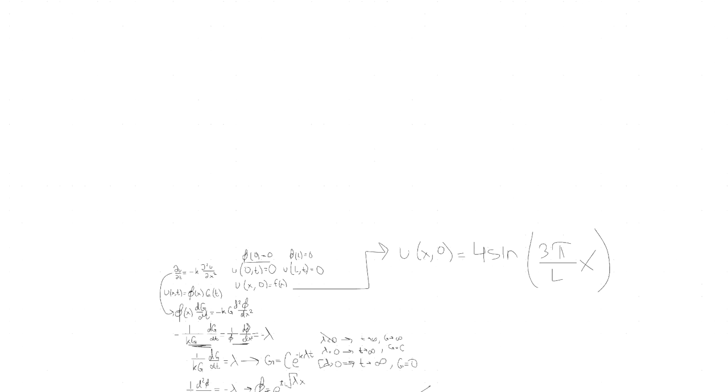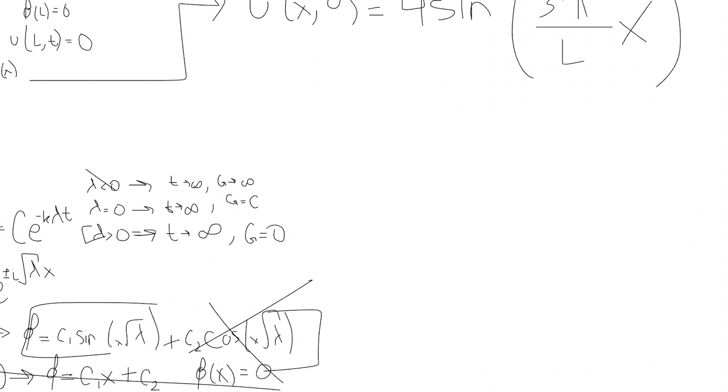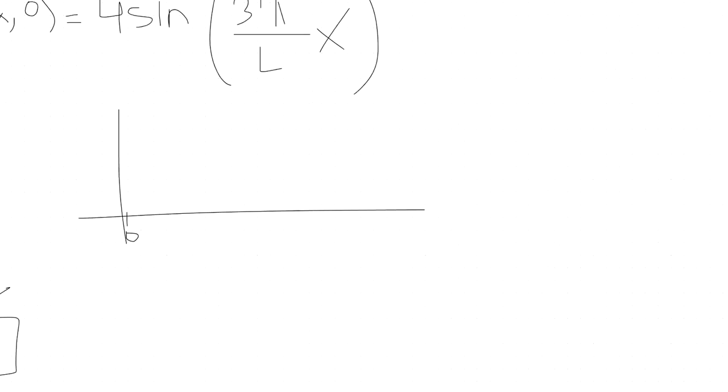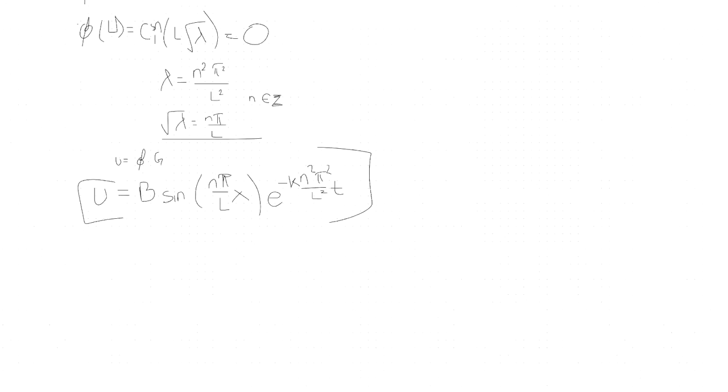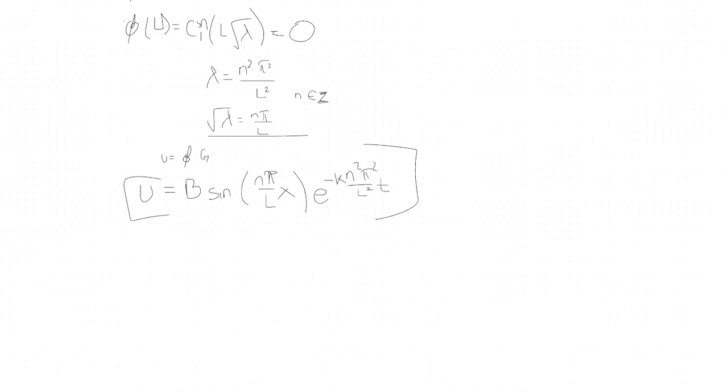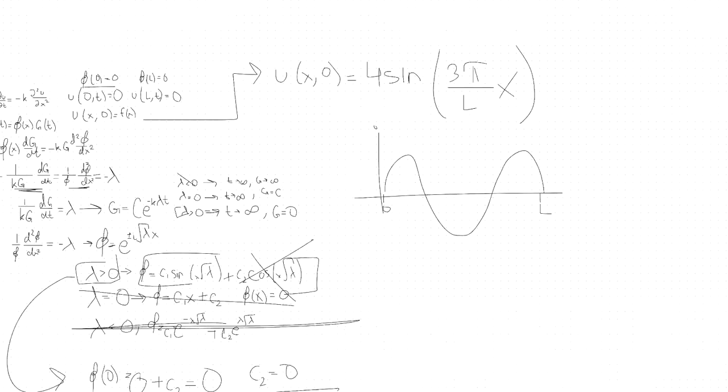Which would mean that the temperature from 0 to L of the rod looks something like this. Well, then what we can do is plug 0 into here so that this becomes 1, and u at 0 has to equal b sine n pi over L x, which means b would equal 4 and n would equal 3.